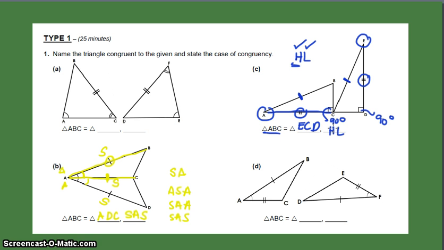Now, letter D. Triangle ABC is supposedly congruent to this, and when we check, you have the side and the side, the angle and the angle because you have the symbols, and then the third side and the third side. This is under SAS, so they're congruent.